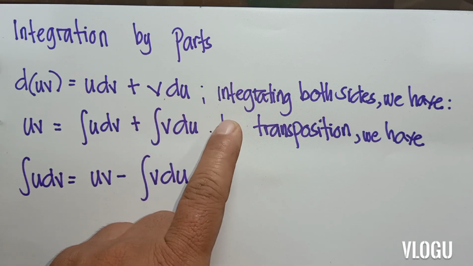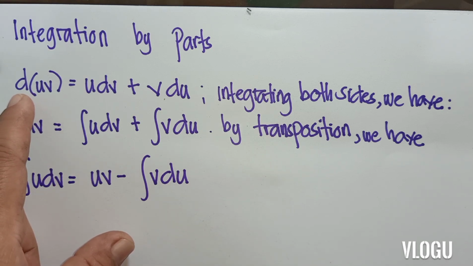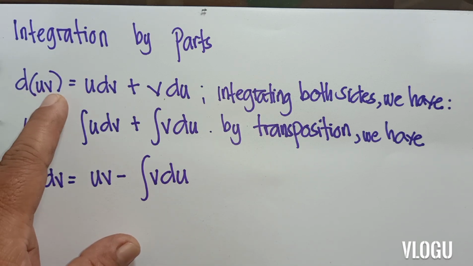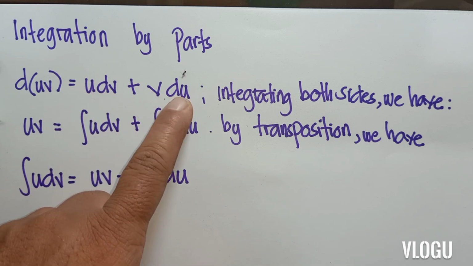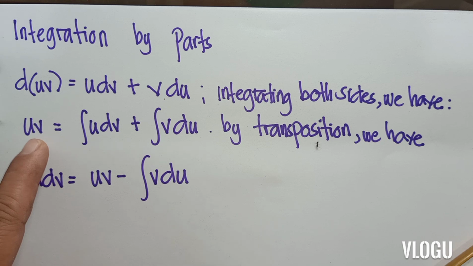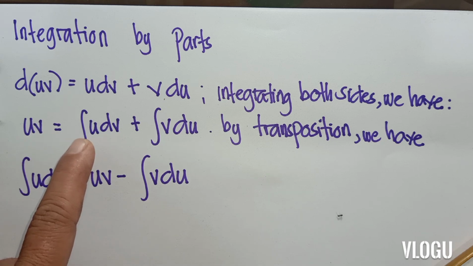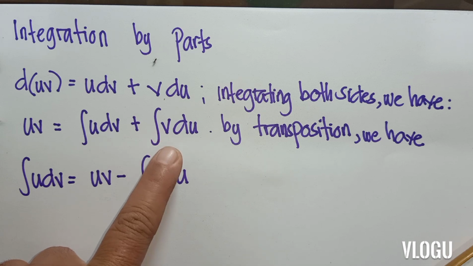Then if we integrate both sides, the integral of the derivative of uv is equal to uv, and the integral of u dv plus the integral of v du.